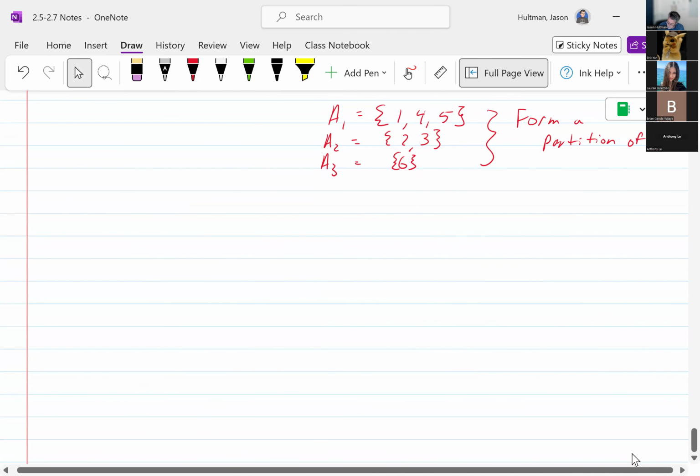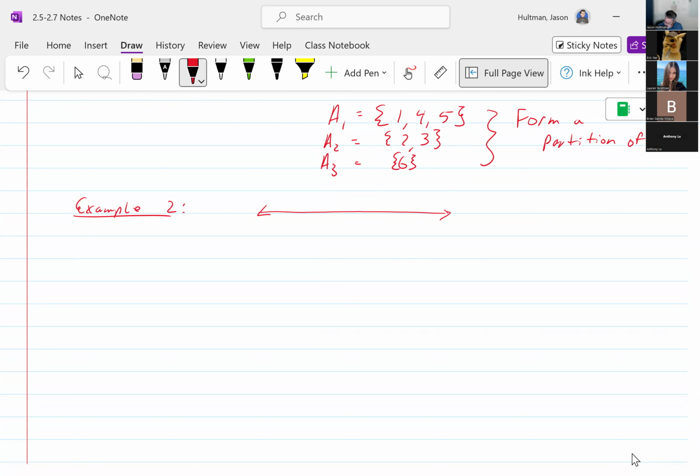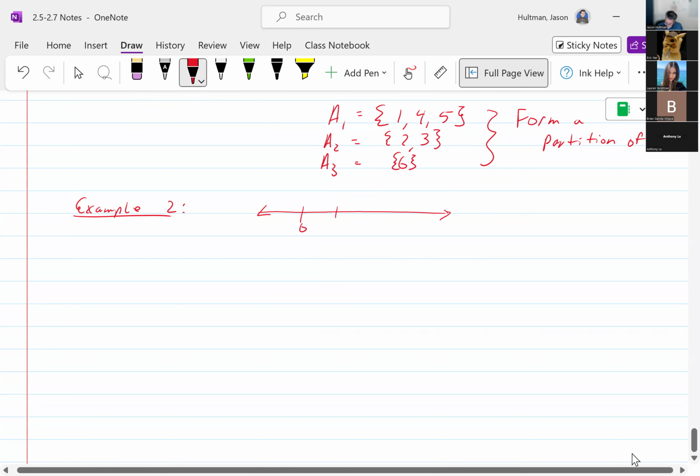Example 2. We could represent the partition as piecing up a number line. Let's piece up a number line. We have, say, 0, 1, 2, and 3 on the number line.